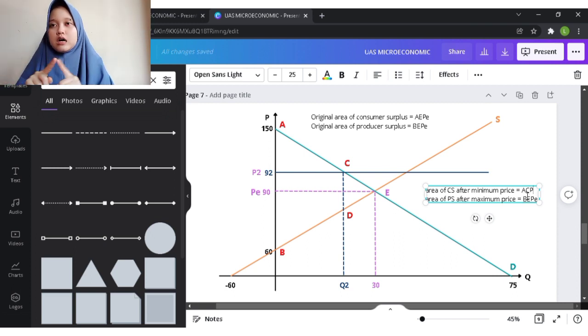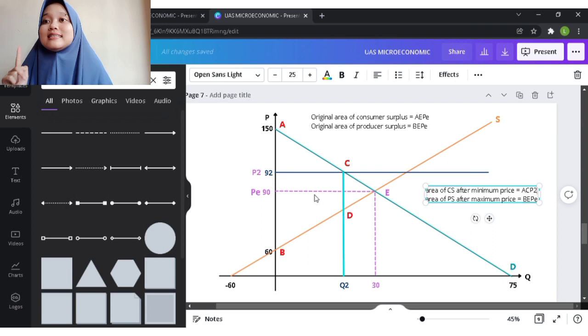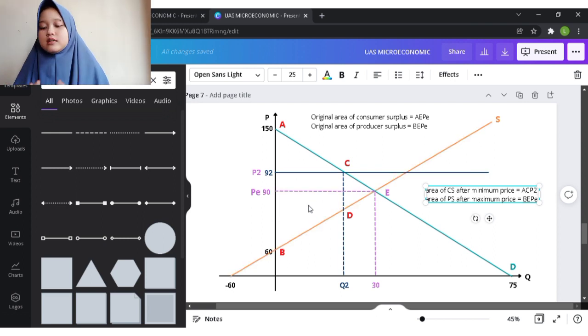So the area is B, D, C, P2. It shapes not a triangle but a trapezium. It's the new area of producer surplus after the government applies the minimum price in the market.